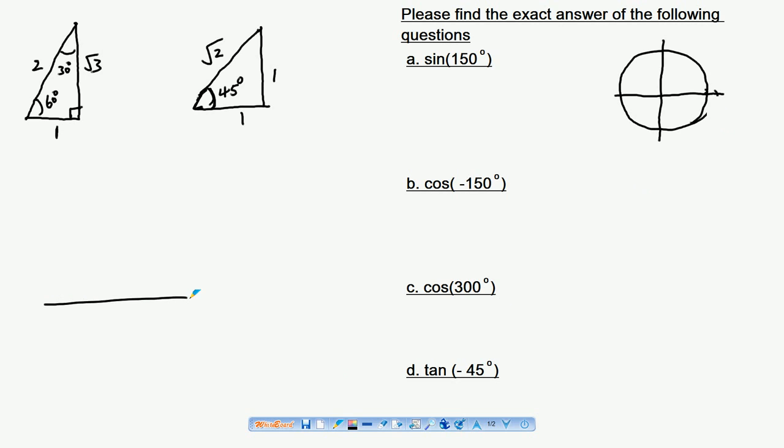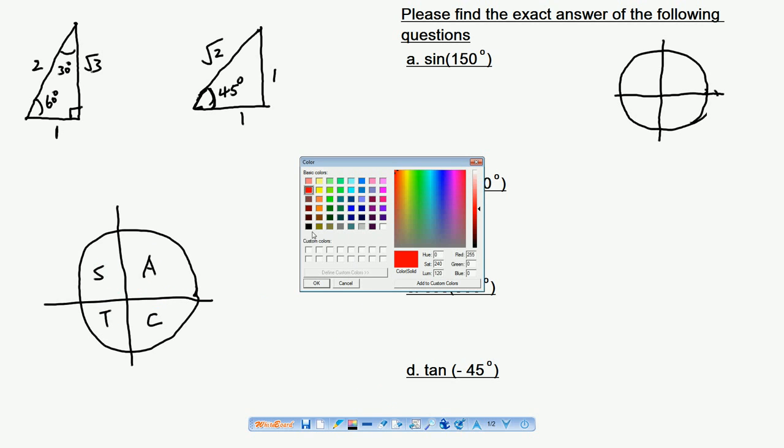For our unit circle, we label it CAST, C A S T. I'll show you the meaning now.